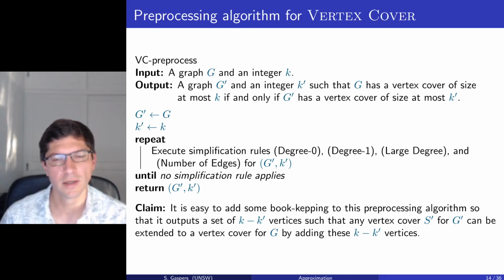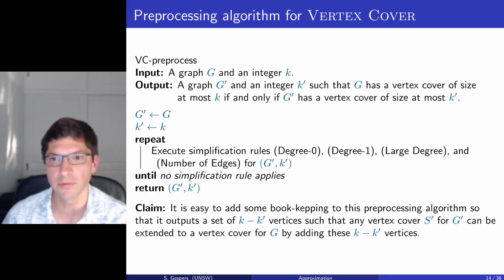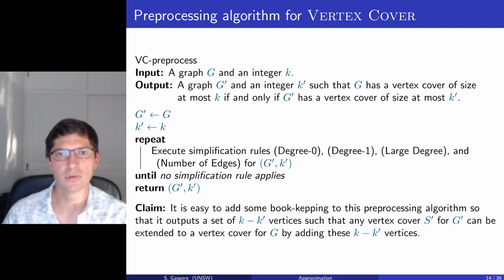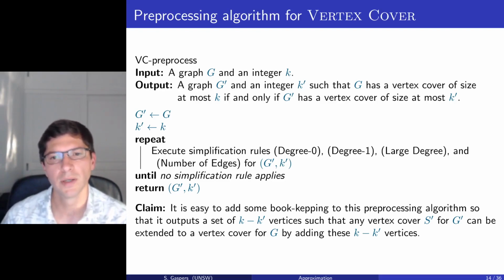Now if we want to use this preprocessing algorithm for an approximation, then in the approximation algorithm we actually need to produce a feasible solution. So we need to add some bookkeeping to this preprocessing algorithm, and just remember which vertices we actually meant to put into our vertex cover when executing these simplification rules.